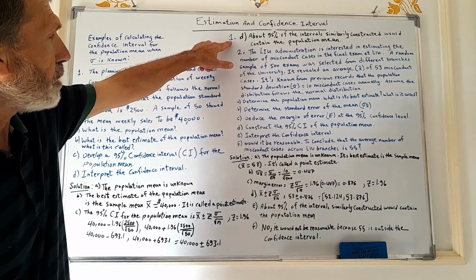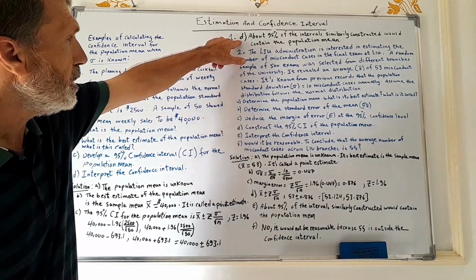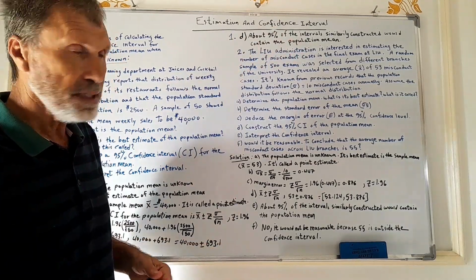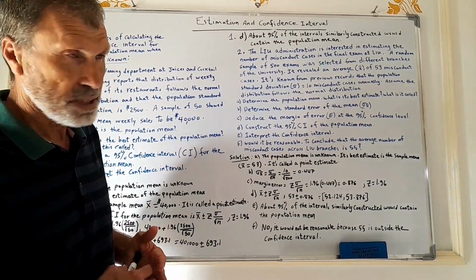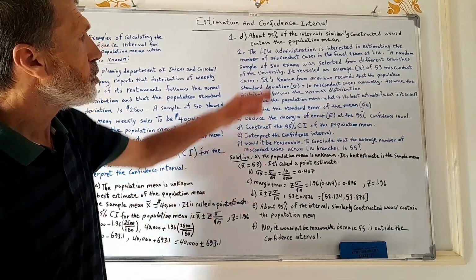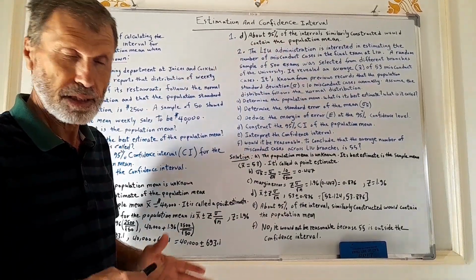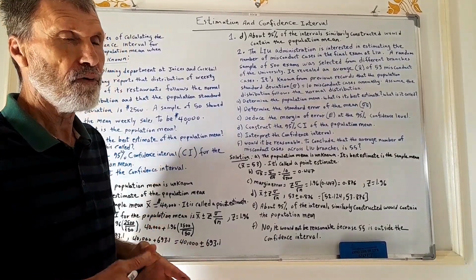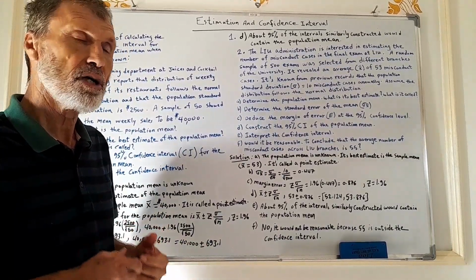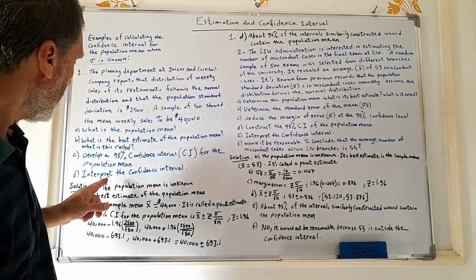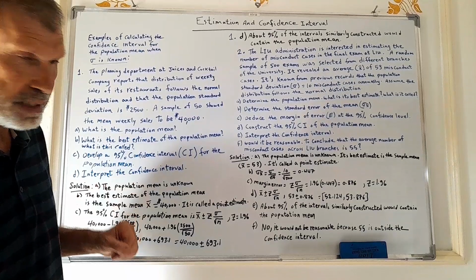For example 1, we say that about 95% of similarly constructed intervals will include the population mean. This is the interpretation of the confidence interval.